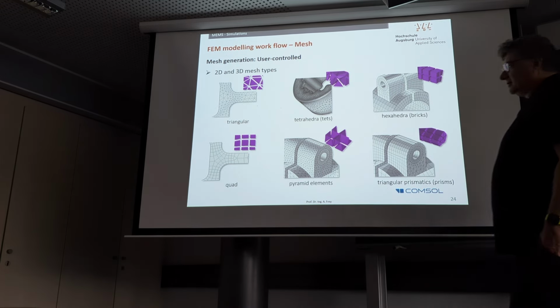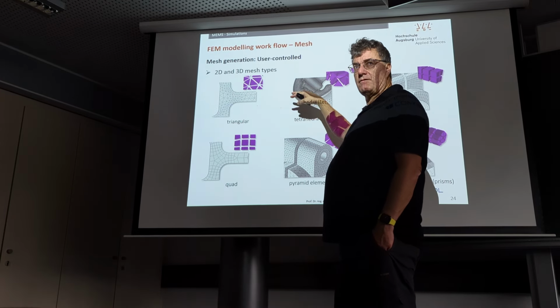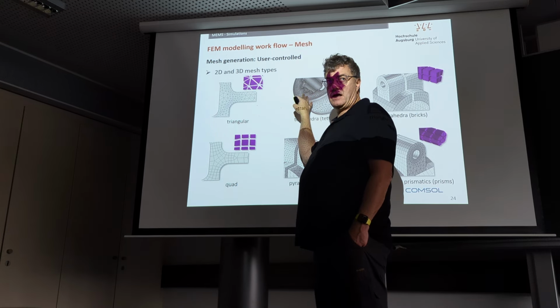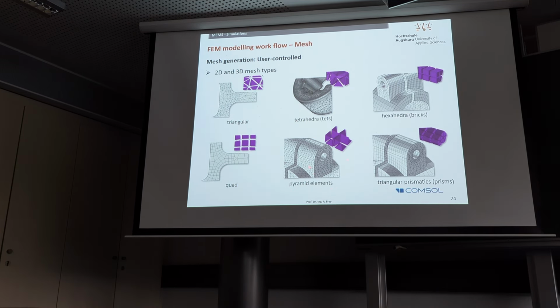So the question is, if they are so powerful, because they can mesh everything without causing trouble, why should I go away from those standard elements to quad or pyramid elements as shown here. The reason for that is, in certain situations which allow you to use that type of mesh elements, you can save mesh elements.